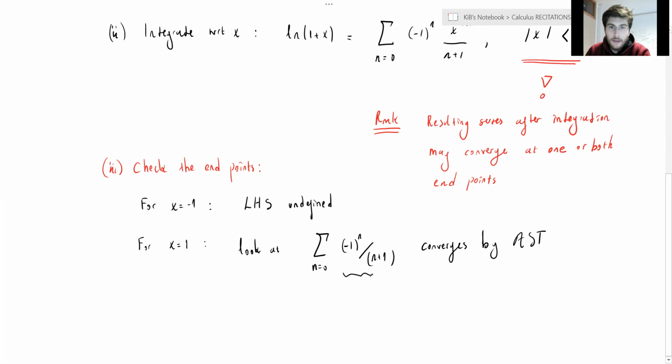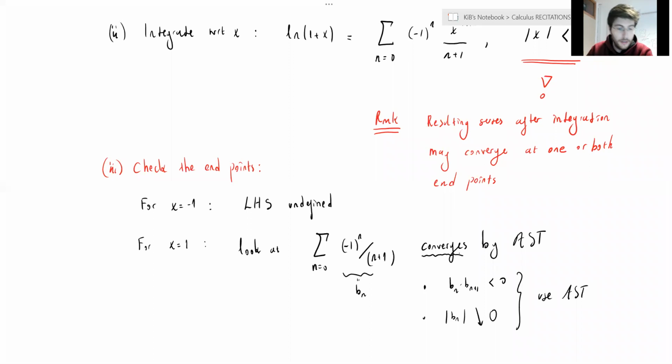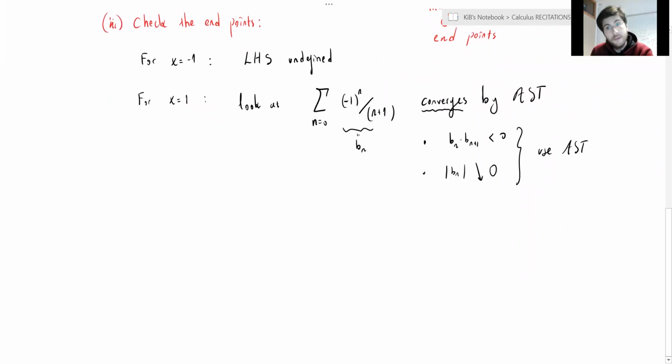If you let this thing be Bn, observe that Bn times Bn plus 1 is negative, and Bn in absolute value decreases to 0, so we use the alternating series test. Therefore this is convergent, and we should include the right-hand point for the resulting series.